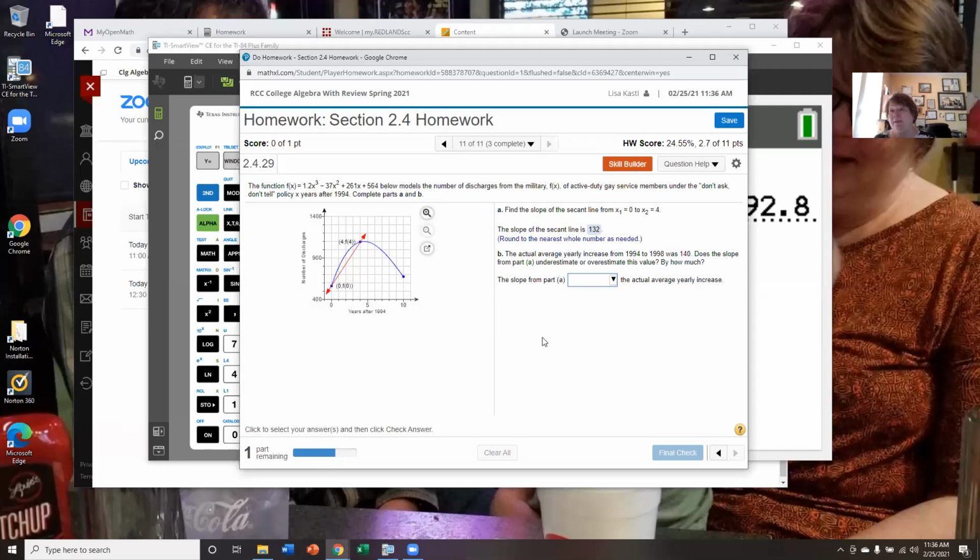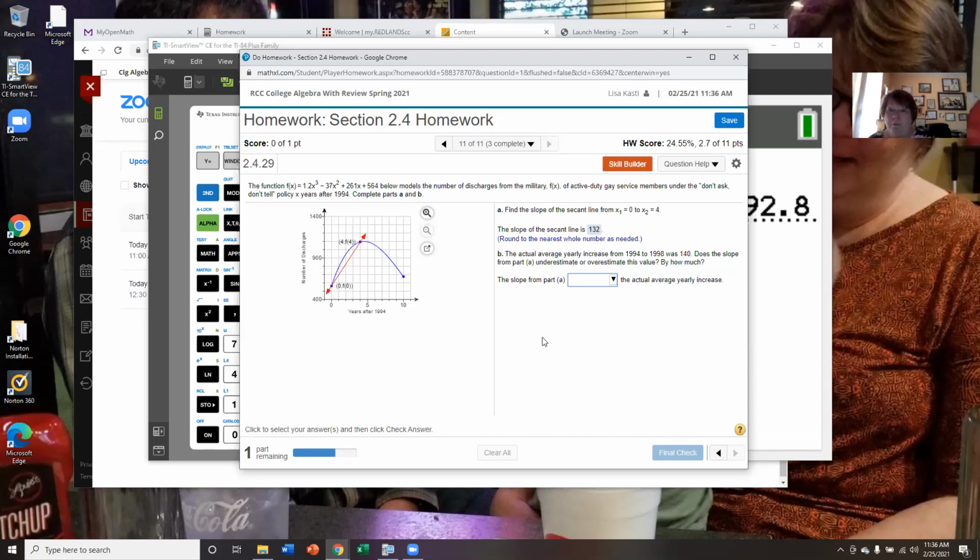Okay, so now it's going to ask me some more information. The actual average yearly increase from 1994 to 1998 was 140. So, I mean, military records exist. So from military records, on average per year, it was 140 people being discharged.